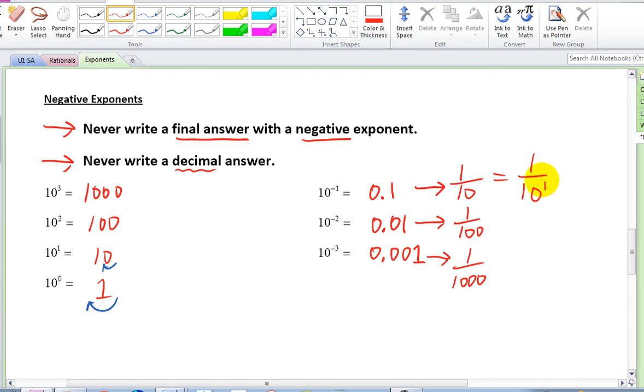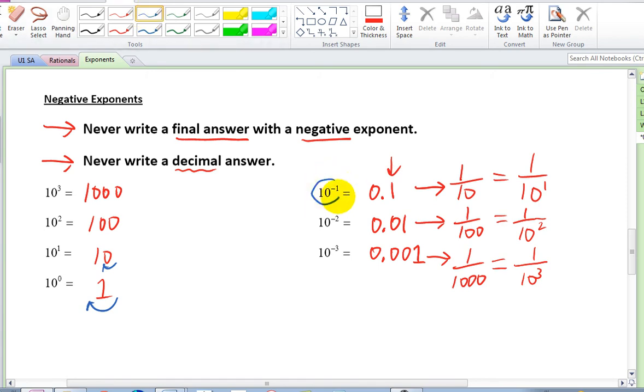10 to the exponent 1. What would the next one be? 1 over 10 squared. Oh, it almost looks like we have a pattern. What would be the next one? 10 cubed. So this step is what we should not be doing, because what's easier?